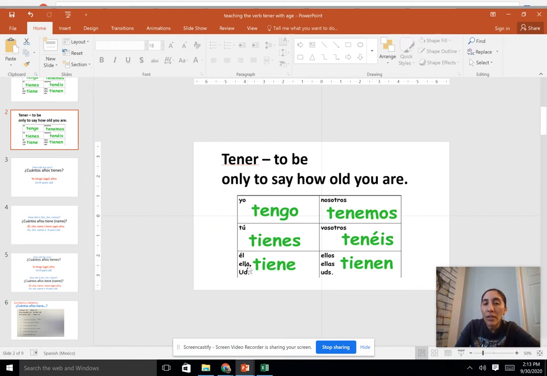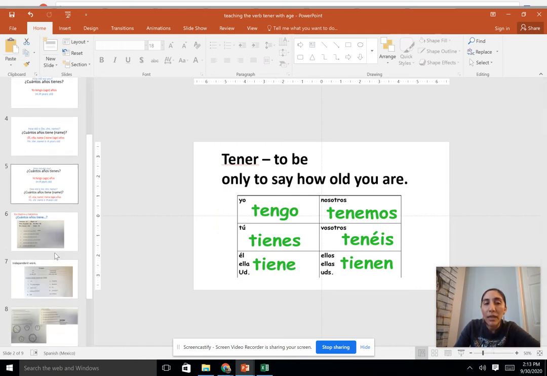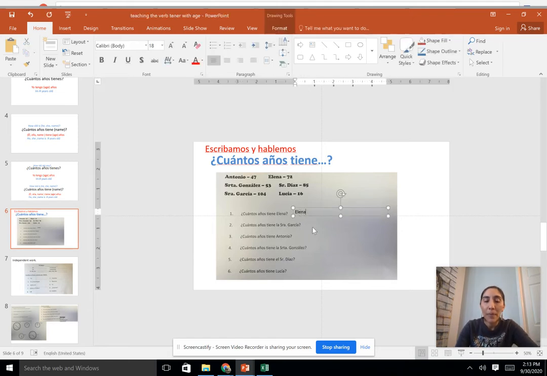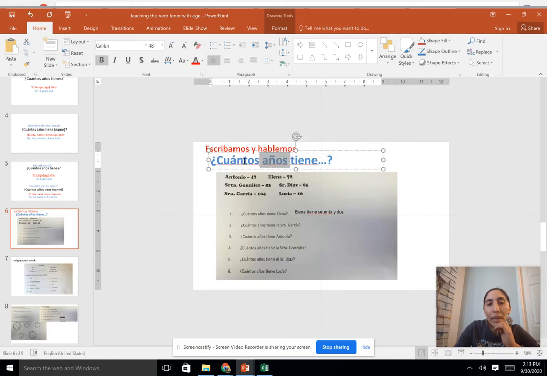So if I go to she, I will have to use tiene, right? So in this case, I will say Elena tiene 72 años. Check how I am using the age.